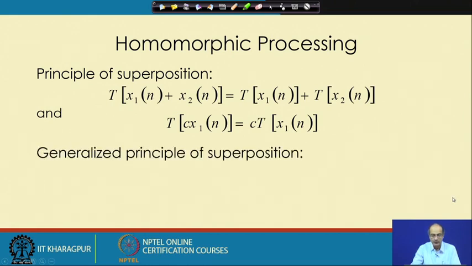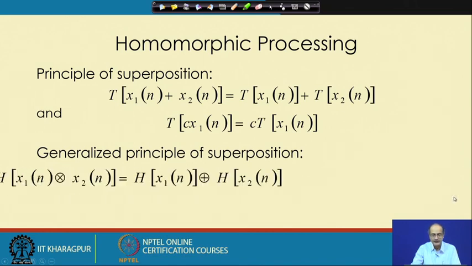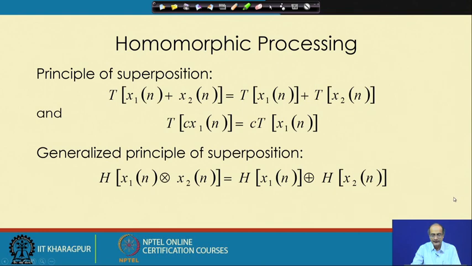So, now let us look at the generalized principle of superposition. In this case, the same kind of rule is defined when we take the two inputs x 1 and x 2. The only change, the generalization, is that in the input domain we have an algebraic operator cross.